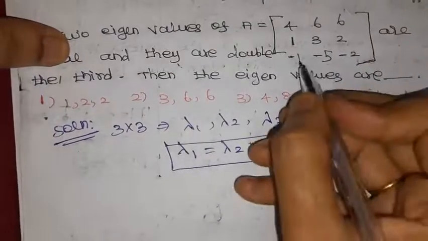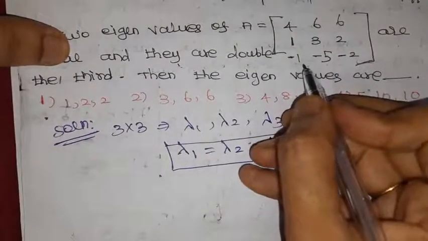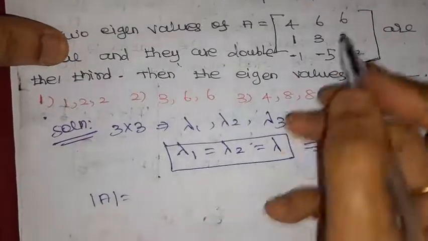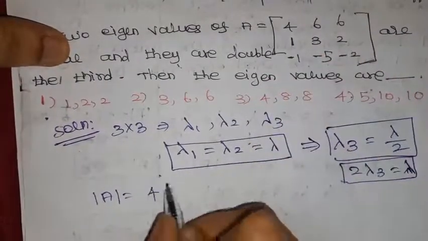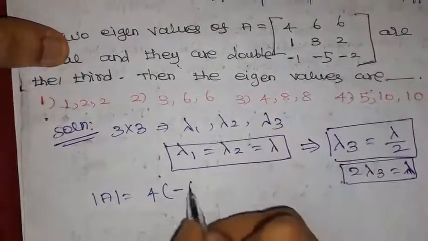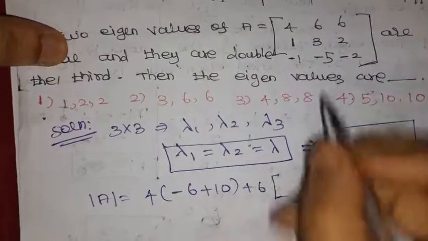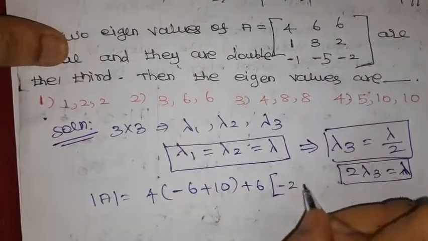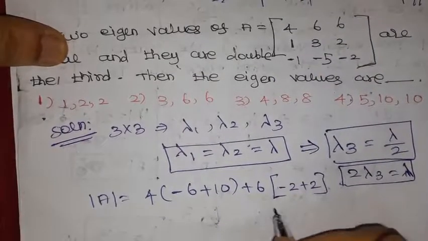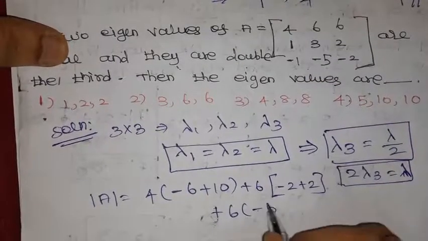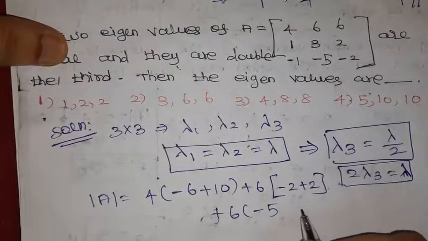So eigenvalues, what is given? Matrix A is given. We need to find out the determinant of A. So just find out the determinant value. 4 into minus 6 minus 10 plus 10, plus 6 into minus 2 plus 2, plus 6 into minus 5 minus 3 plus 3.